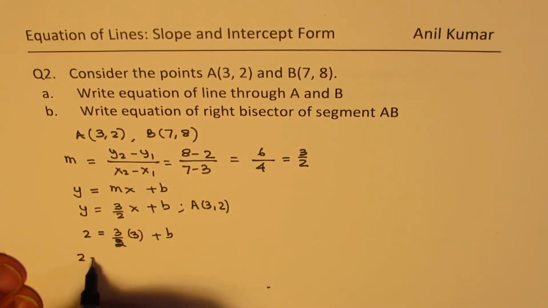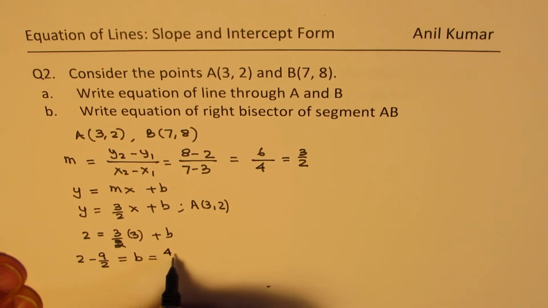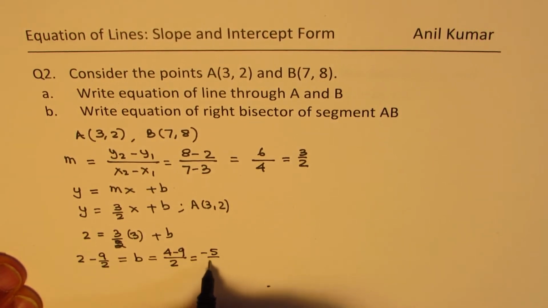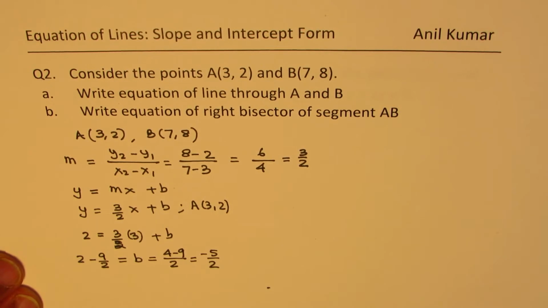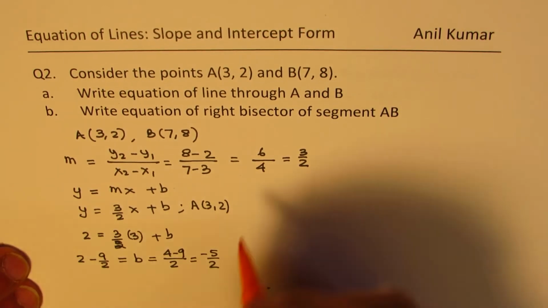So we get 2 minus 9 over 2 equals b, which is 4 minus 9 over 2, or minus 5 over 2. Is that clear to you? So that is how we can find the value of b, right? So that gives you the y-intercept for the given line.